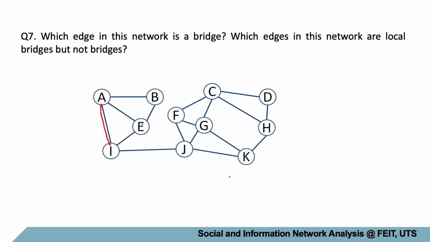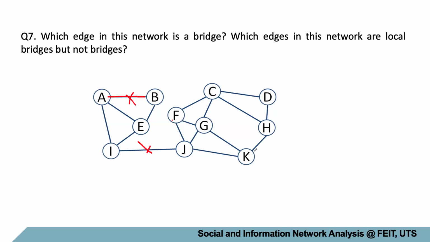So no common neighbor, but they have E as a common neighbor. So AI is not a local bridge. And we just keep trying. For AB, the same. It's not a local bridge. IJ is a bridge, and after we remove it the whole graph disconnects, so it's not a local bridge, it is a bridge. Similar for other edges.